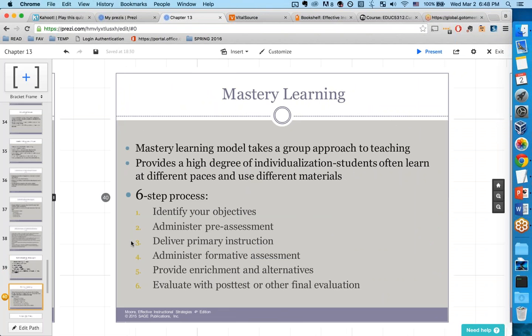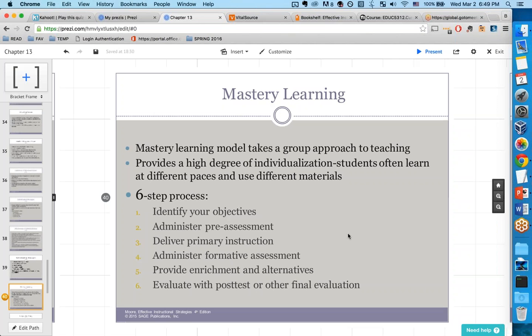All right, what is mastery learning? First of all, this is a group approach to teaching. Even though you try to achieve individualized learning out of mastery learning, it's still a group approach, a group model to teaching. I'm going to underline this: group approach. It provides a high degree of individualization for students, often at different paces and using different materials.